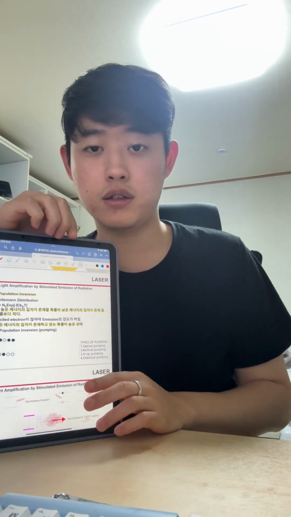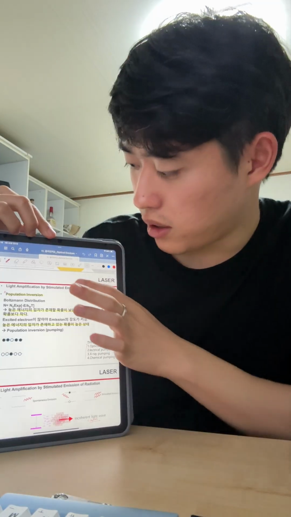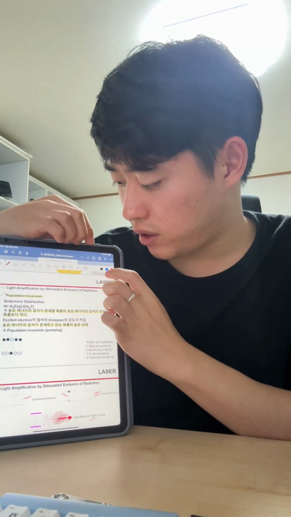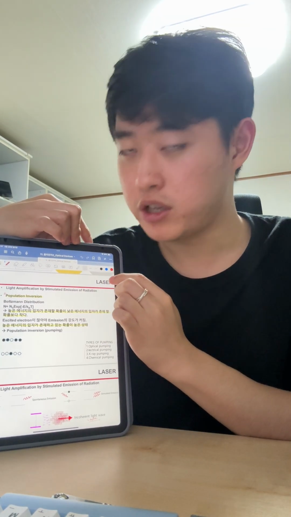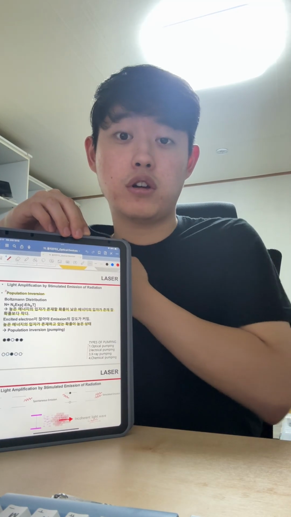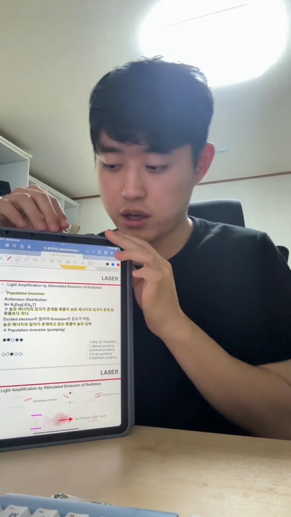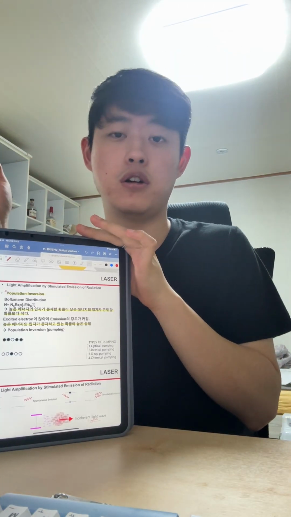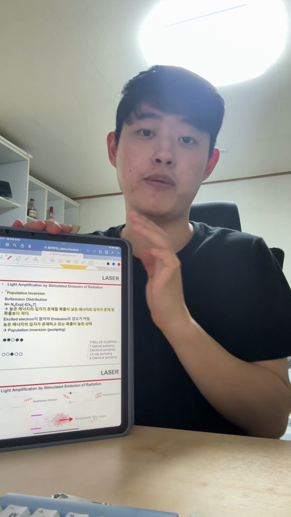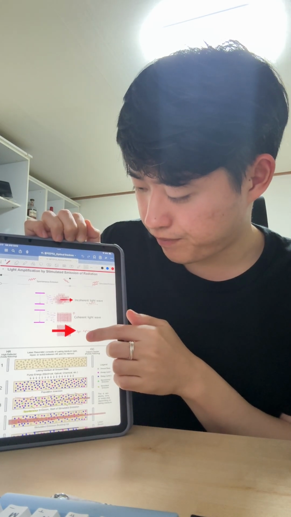Okay, and now we will talk about laser. Laser is light amplification by stimulated emission of radiation. Last week I talked about what stimulated emission is. So laser uses stimulated emission.